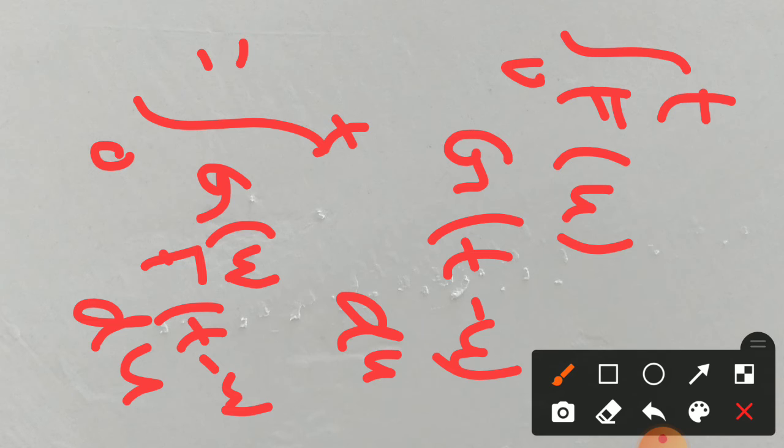Because f star g is equal to g star f, therefore we substitute the values, and we will have the integral from 0 to t of f(u) g(t minus u) du is equal to the integral from 0 to t of g(u) f(t minus u) du.